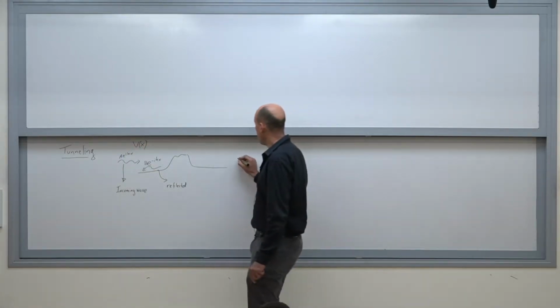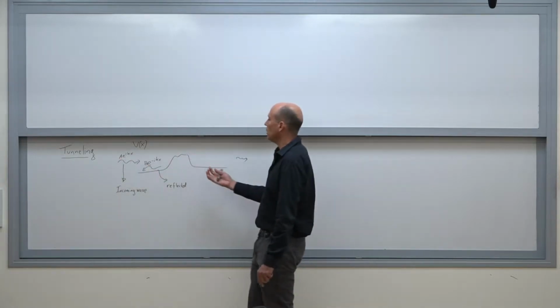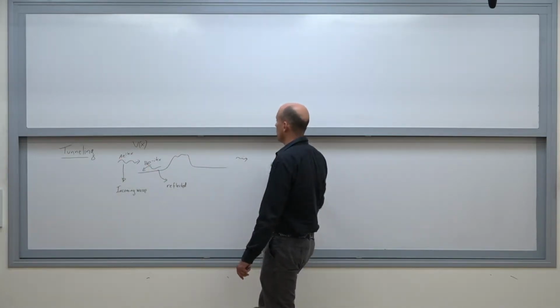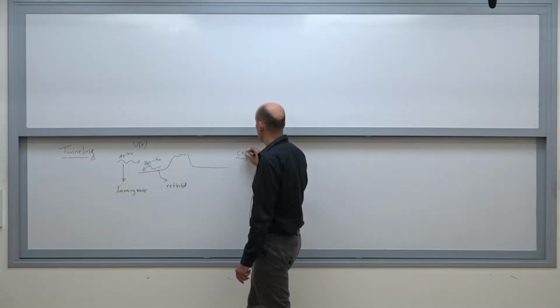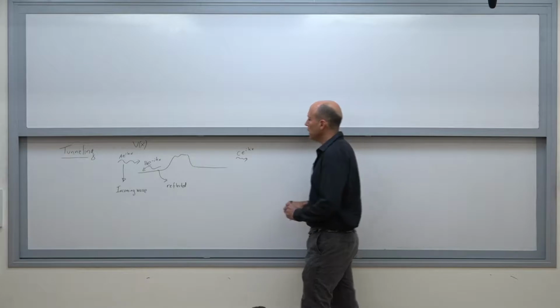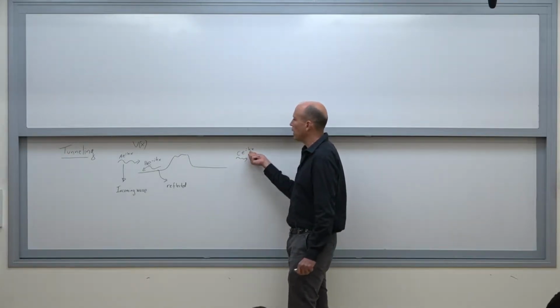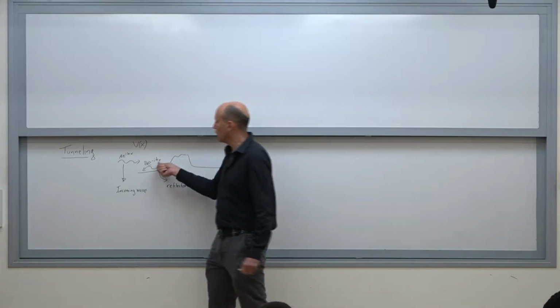In addition, far away to the right, you have something that is coming in, and then you will have something coming out, and this will be C e to the ikx. This guy that is coming out is also with wave vector k, the same wave vector k.